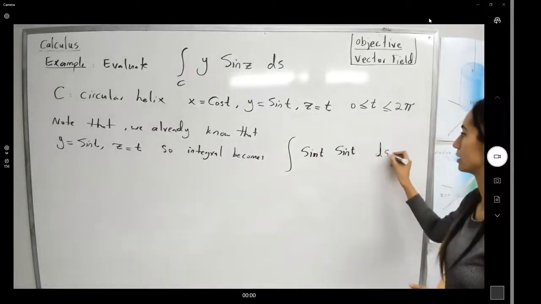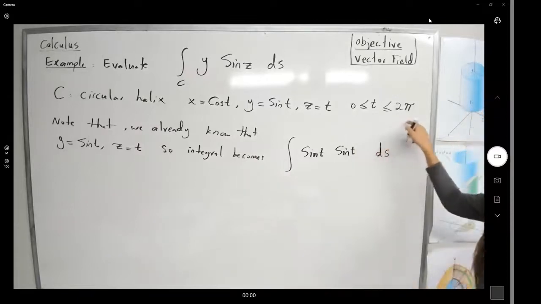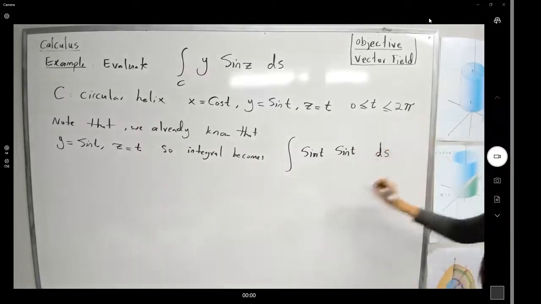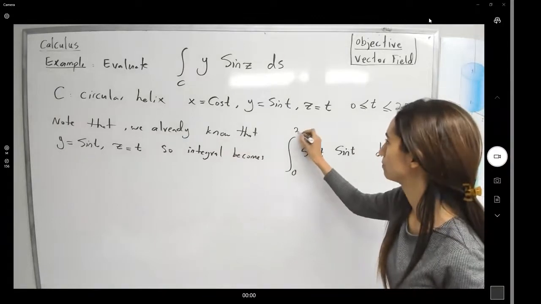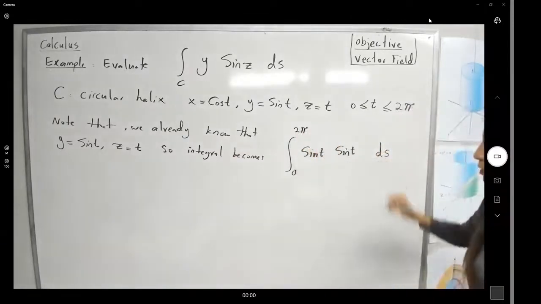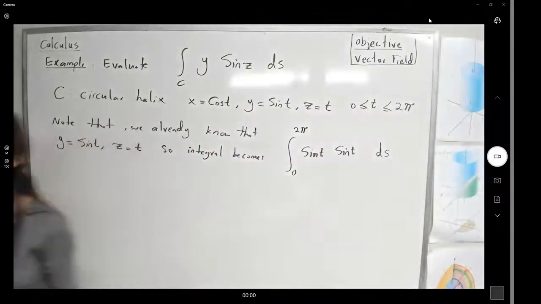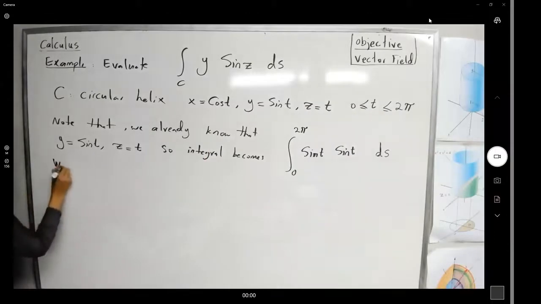You need to calculate ds. And t is bounded between 0 and 2 pi. What was the formula for ds? We know that.